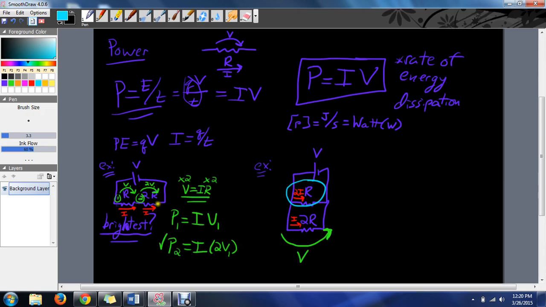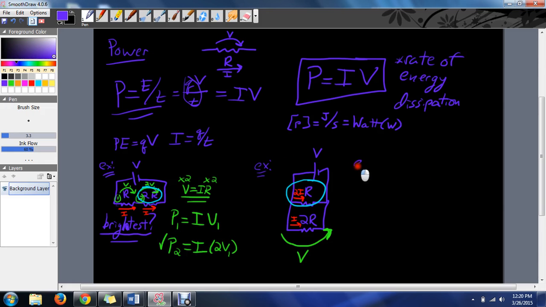So look at that. So here the 2R was brightest, now here the R is brightest. Understanding what's happening with current here and voltage here, understanding what's current here and voltage here is everything. Combining it with the equation, you get here that this is twice as bright as this one. Cool.